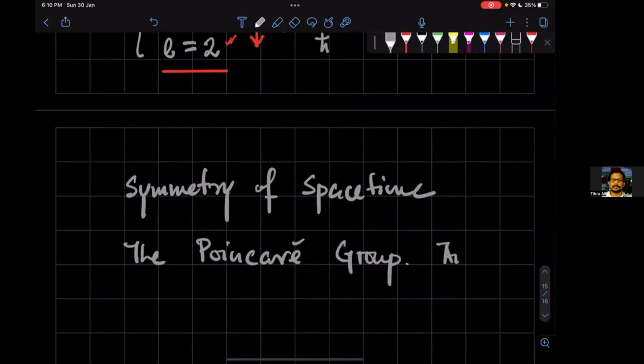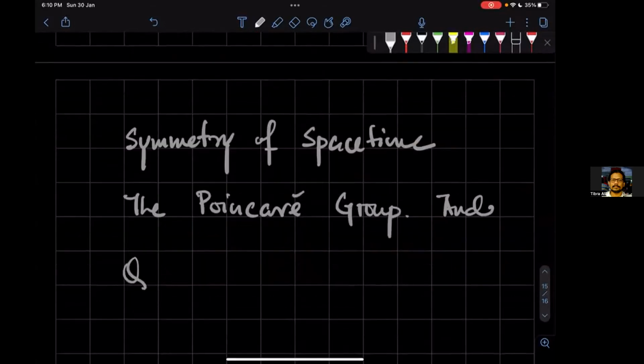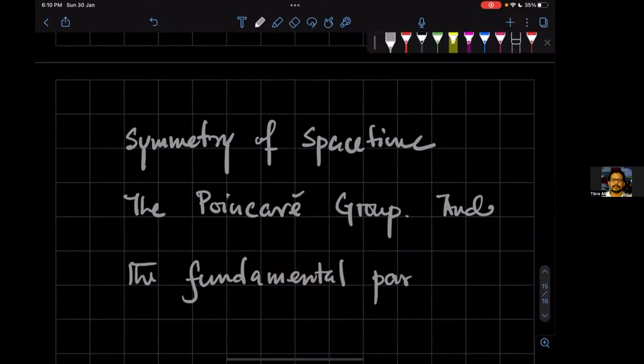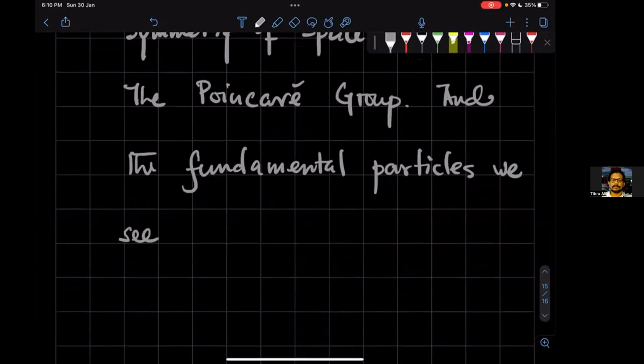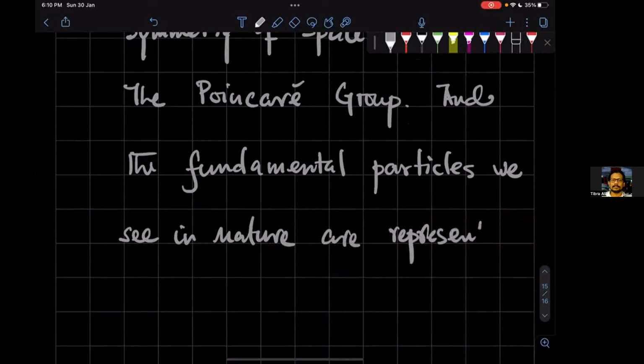And in quantum mechanics, the fundamental particles that we see in nature are representations of basically a subgroup of this group, some kind of representation of this group.